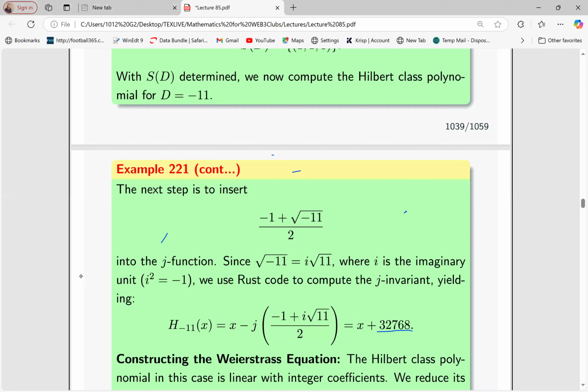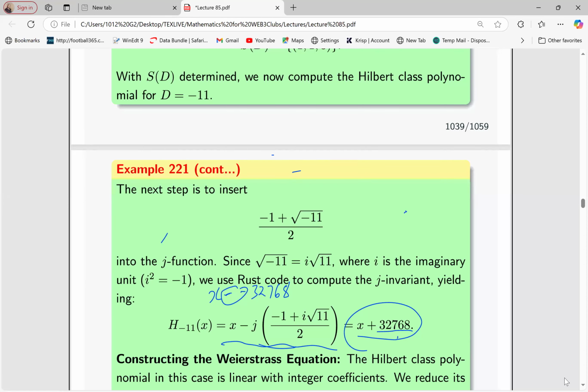Remember the formula for Hilbert class is X minus the J invariant. But the J invariant we found to be -32,768. So this negative and this negative gives me positive. So this is what I now have.